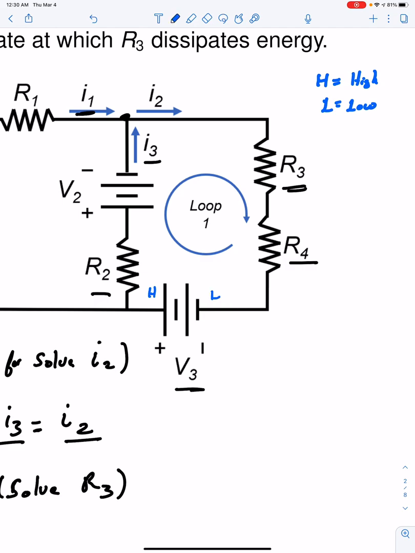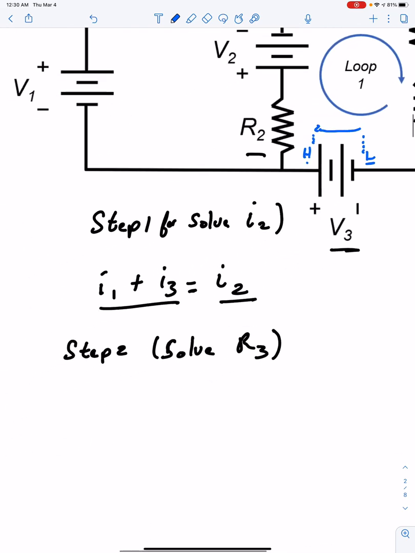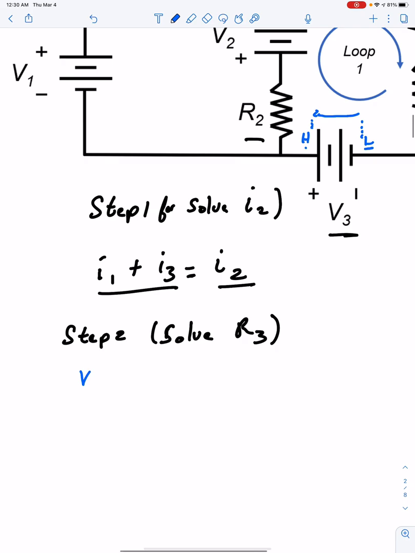Okay? Since I'm doing Kirchhoff, and this is my loop, I do a change in electric potential: the high electric potential minus the low electric potential equals a positive V3. I'm going to write it right here, my positive V3.